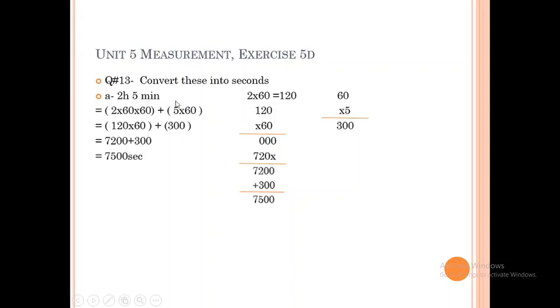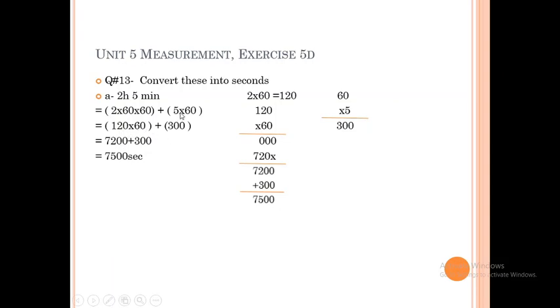Then 60 multiplied by 2, the answer is 120. Then another multiplication, multiply by 60, I have solved here. First by 0, then by 6, after addition 7,200. These are the seconds that you will get after this multiplication.